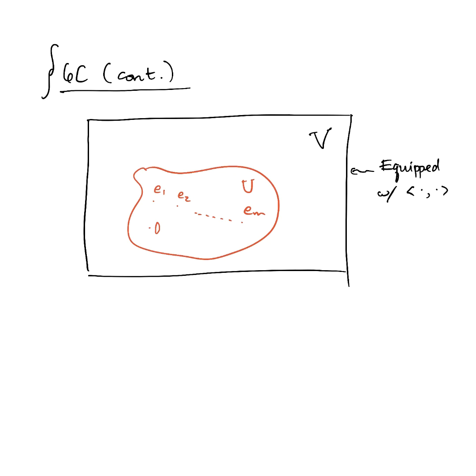And let's take note below the diagram that here, E1 through EM is an orthonormal basis for U. Okay. We want to think about the role that this subspace U plays in the structure of the larger space V.